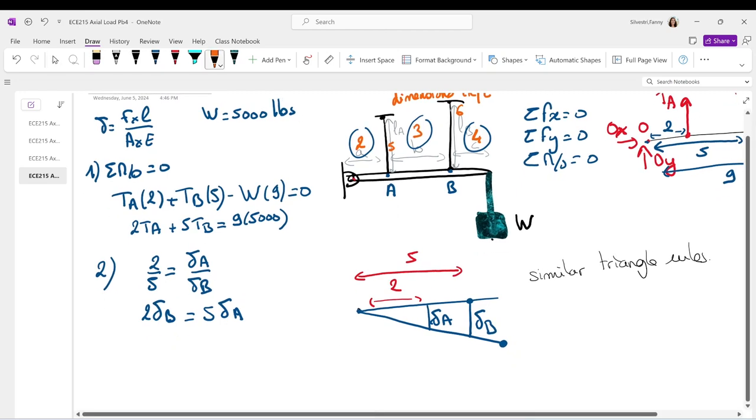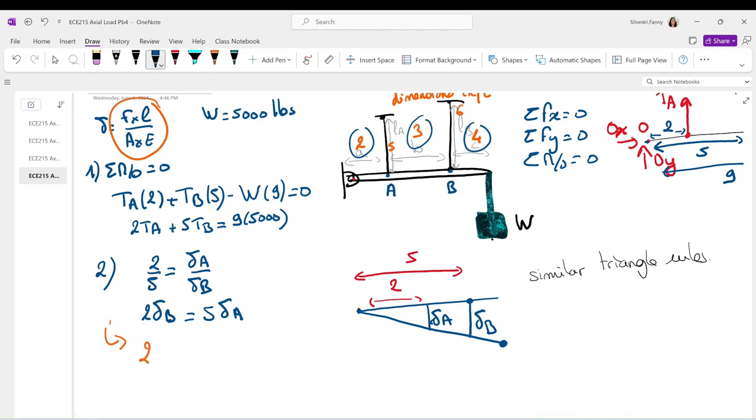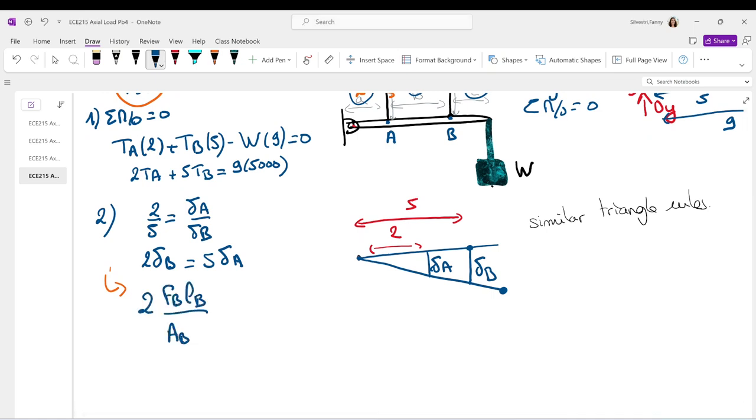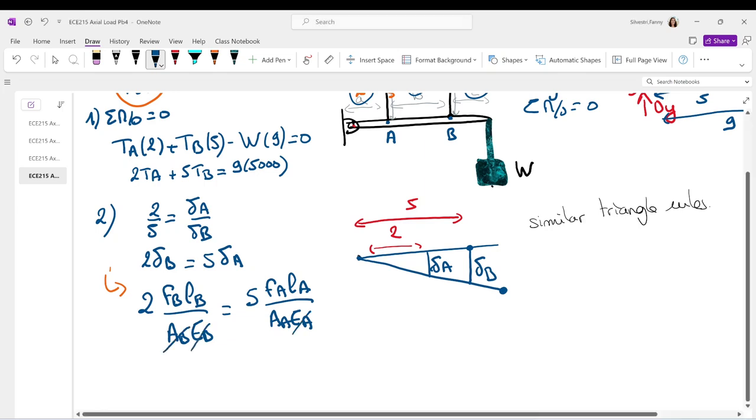And now we will use this formula, and we will plug them into this one. So we have 2 FB LB over AB EB equals 5 FA LA over AA EA. We assume in our example that the two cables have the same Young modulus and the same area.